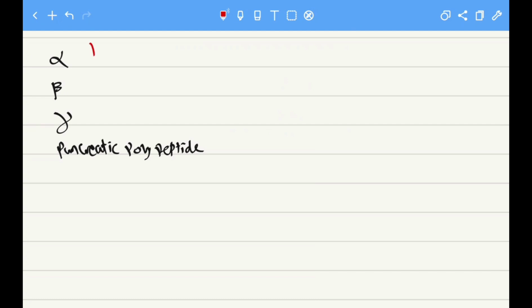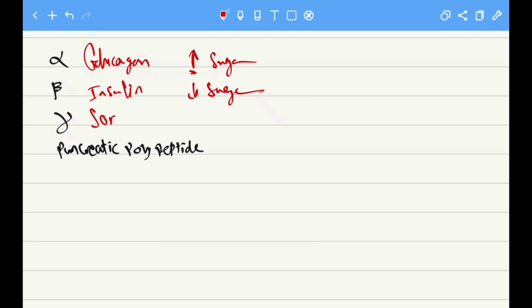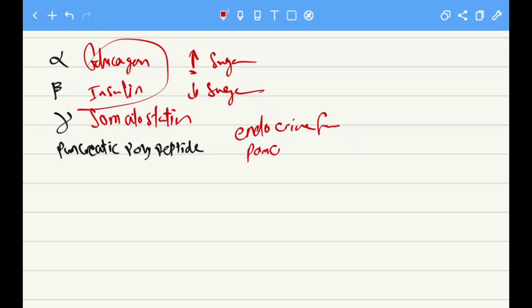Alpha secretes glucagon that increases glucose, and beta secretes insulin that decreases glucose. There is somatostatin that will inhibit both hormones. This is the endocrine function of the pancreas.